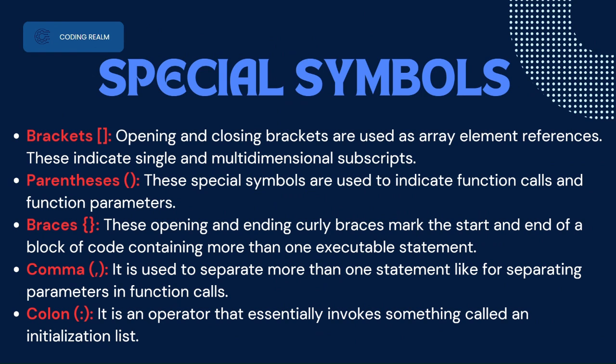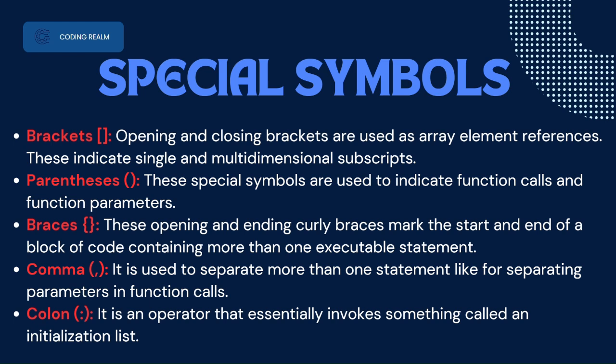Now let's talk about the special symbols, which are also used when I write code. We have the brackets, opening and closing. Brackets are used as array element references, indicating single and multi-dimensional subscripts. Parentheses: these special symbols are used to indicate function calls and function parameters.